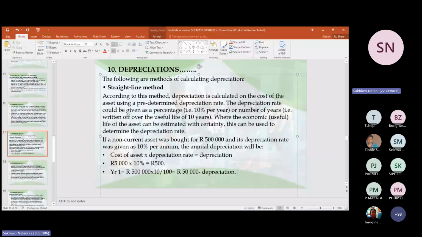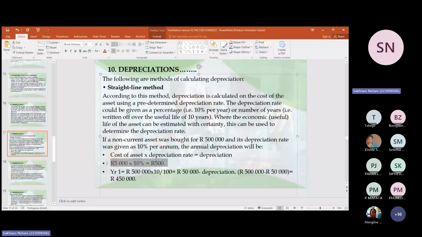If I decided to sell this car, whatever the reason might be, you've got 500,000 minus the depreciation amount, which is 50,000. Therefore, the value of the car in year one is 450,000.